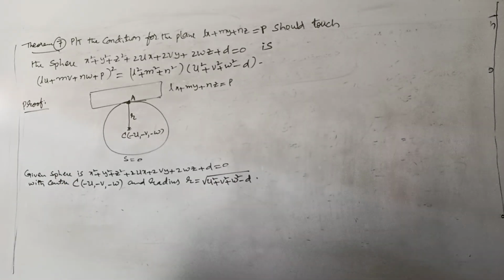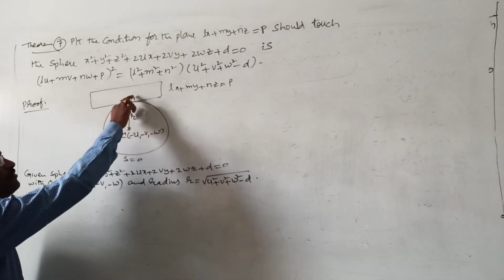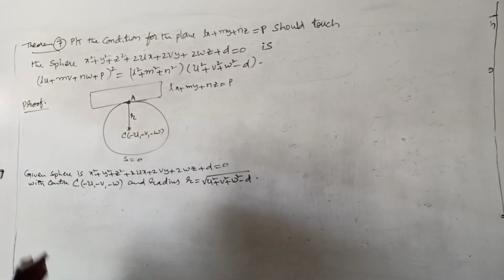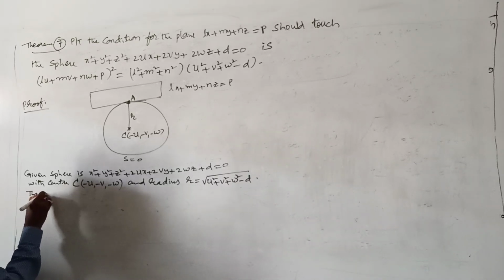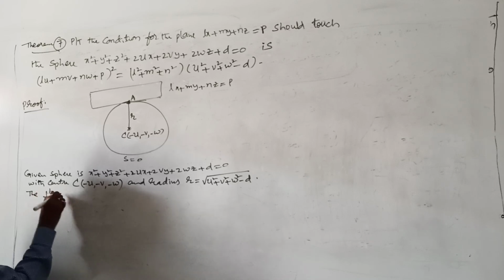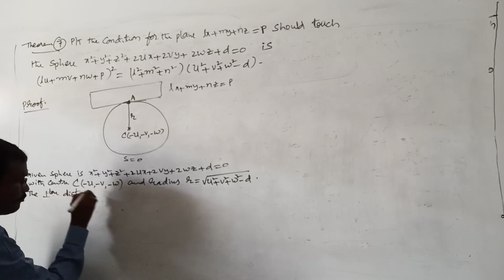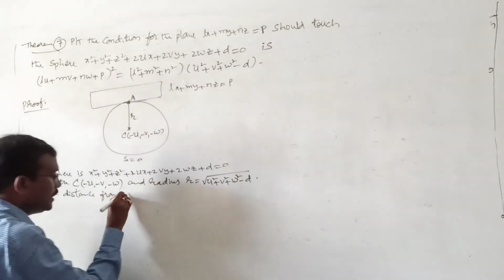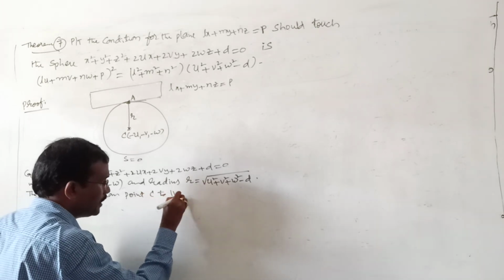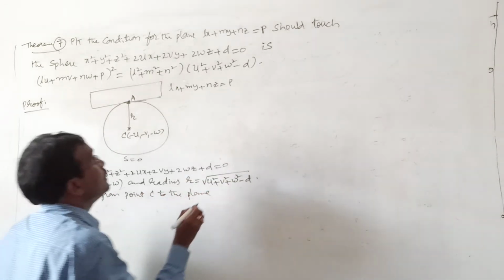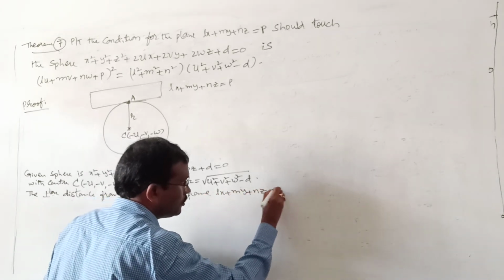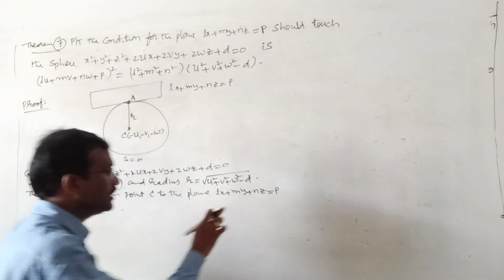Now in the next step, let us find the perpendicular distance from the center of the sphere to this plane. The perpendicular distance from point C to the plane Lx plus My plus Nz minus P equal to 0, in any order you can write.